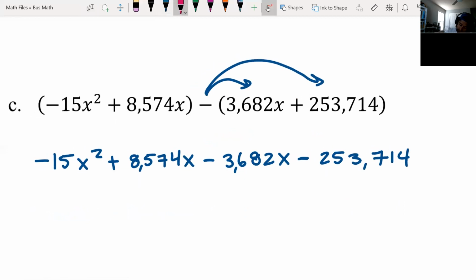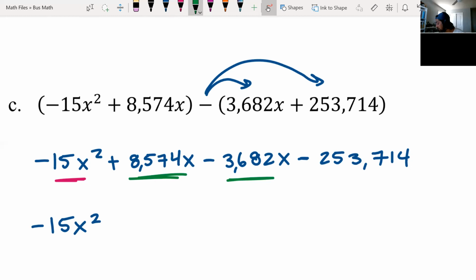All right, once again, there's no other x squared, so that 15x squared will come down, negative 15x squared. And then I look at my x's, 8,574 minus 3,682.